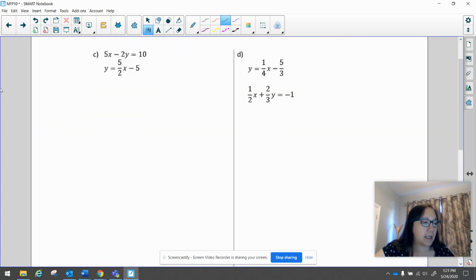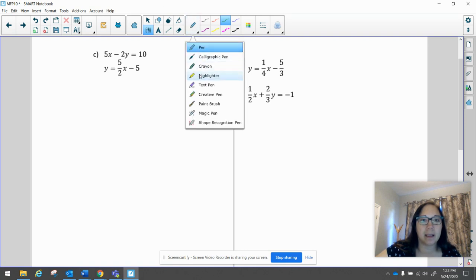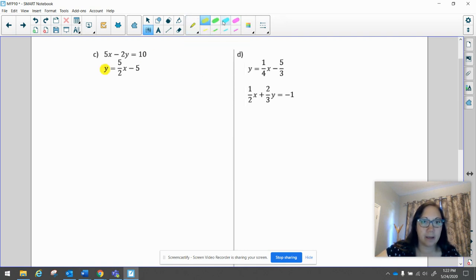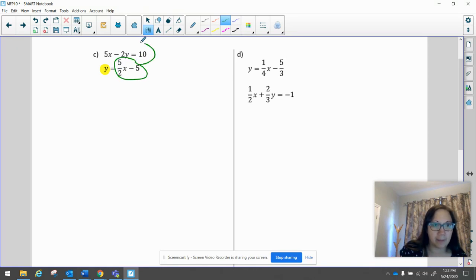Okay, let's take a look at our next example here, which is C. So the nice thing here is that we already have something isolated. So they've done that first step for us. So that's a bonus. Okay, what I'm going to do is take my expression for y and I'm going to substitute it into this y.